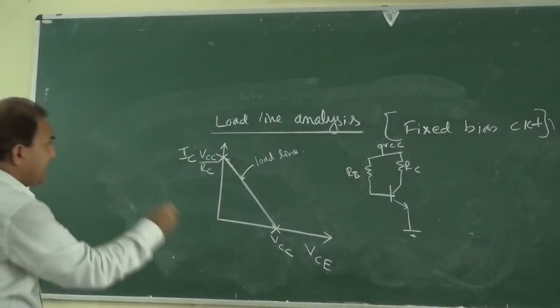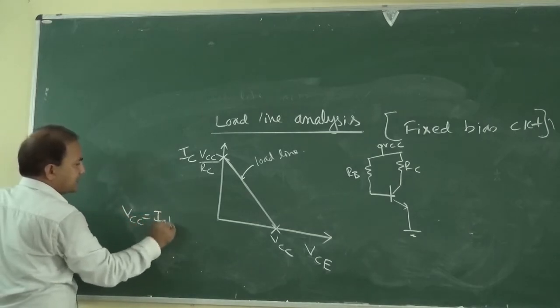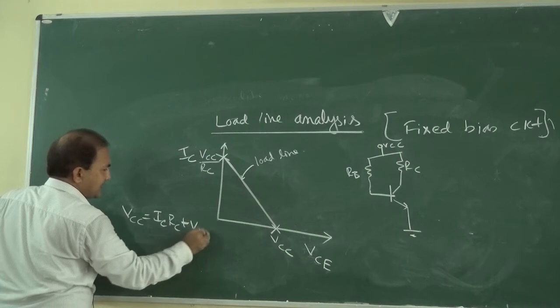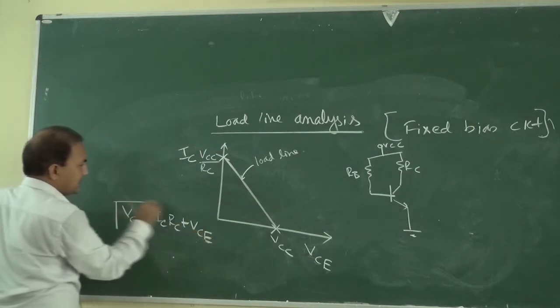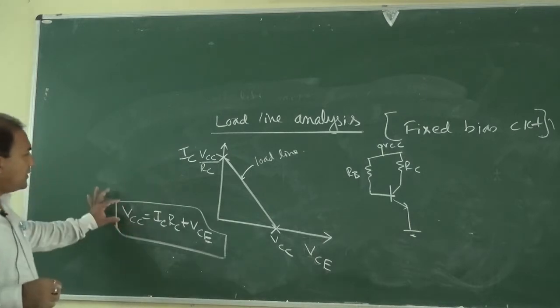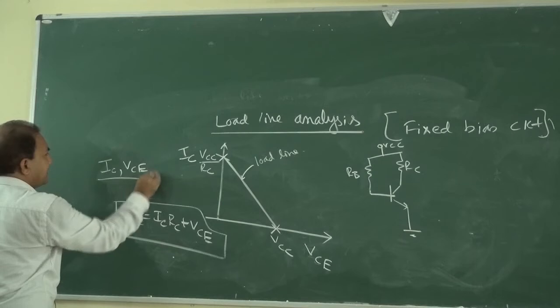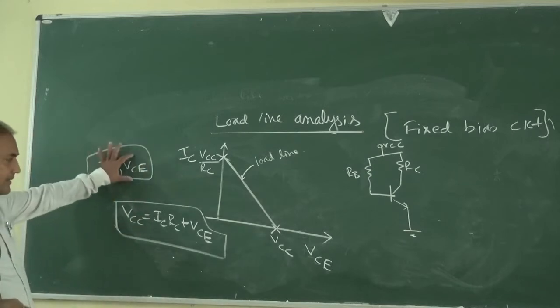The equation for the load line is VCC equal to ICRC plus VCE. This is the output equation. So we have to determine IC and VCE.